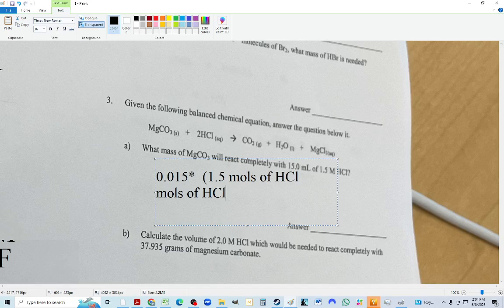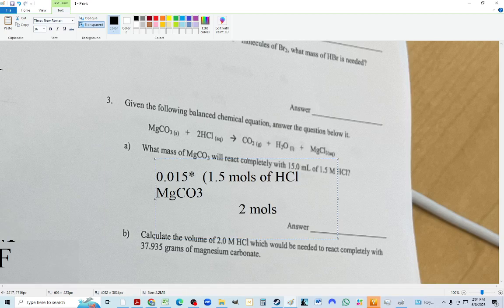Once you have moles of HCl, you look at the equation, you realize that it needs 2 moles of HCl for every 1 MgCO3. So then you take whatever you found as moles of HCl, and you divide it by 2 essentially to get your moles of MgCO3. But then notice they ask for mass of that.